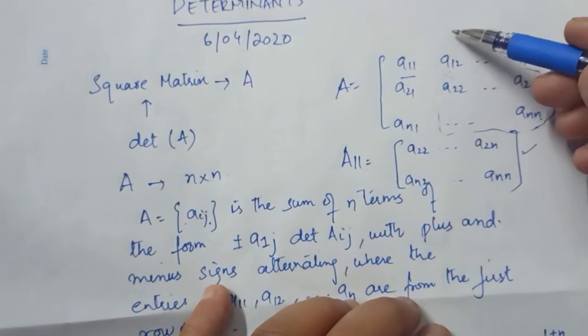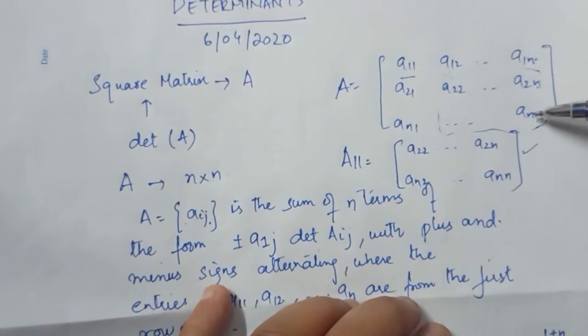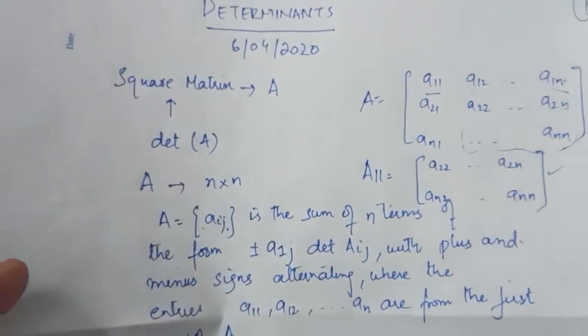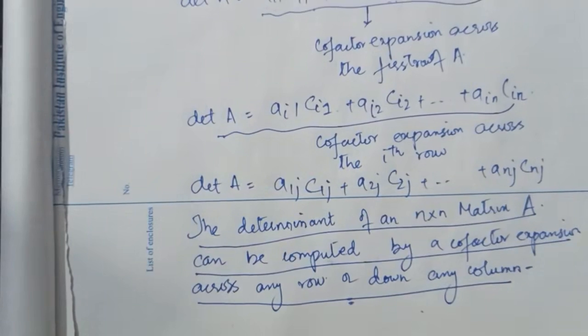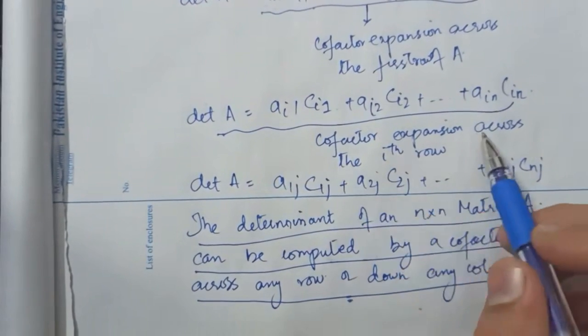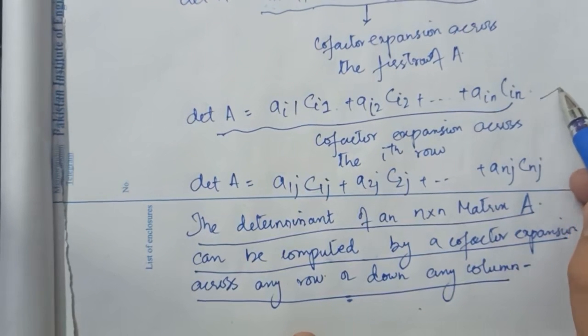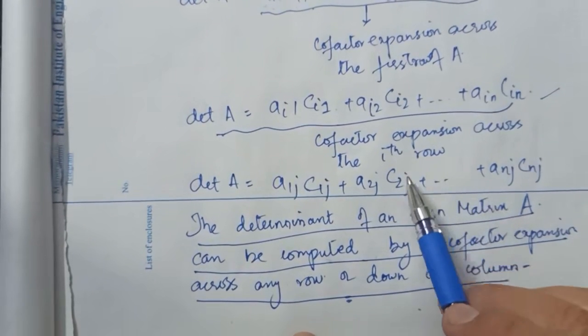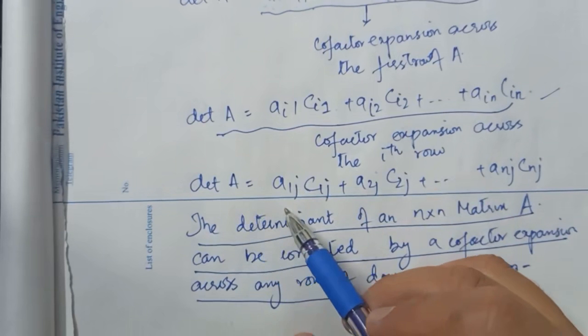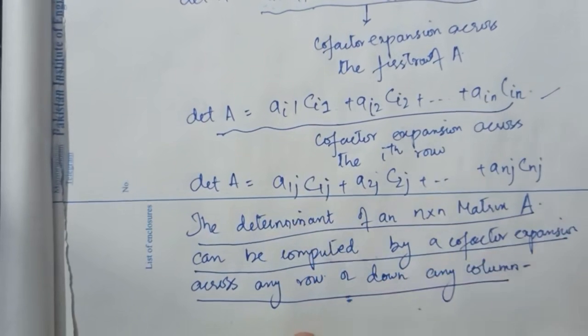The answer will remain the same. If you're doing the cofactor expansion across the ith row, this is the formula written over here, and if you're doing the cofactor expansion across the jth column, these are the values written over here.